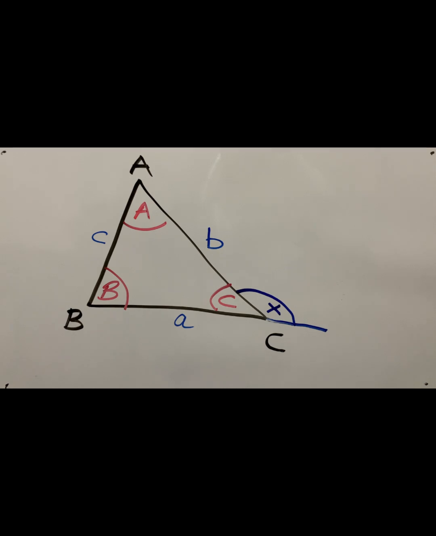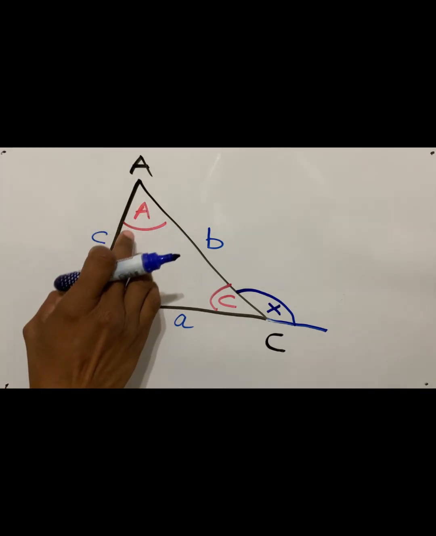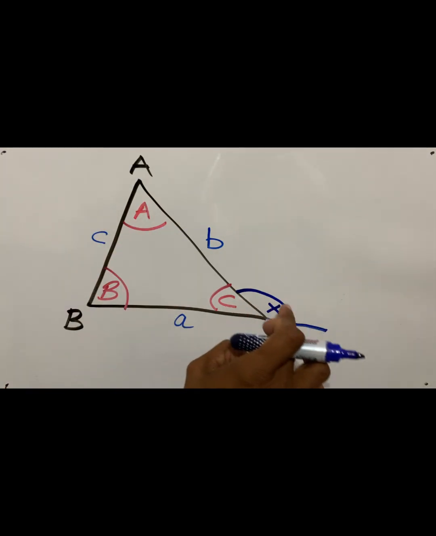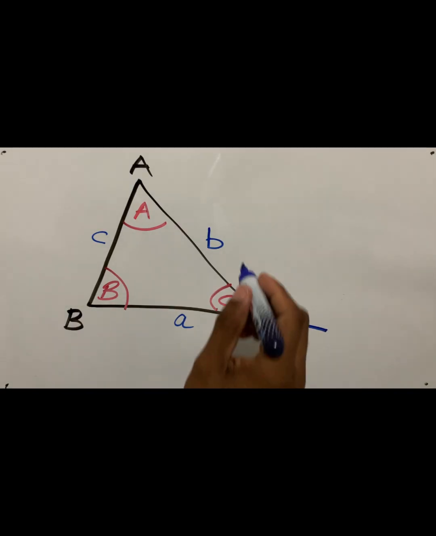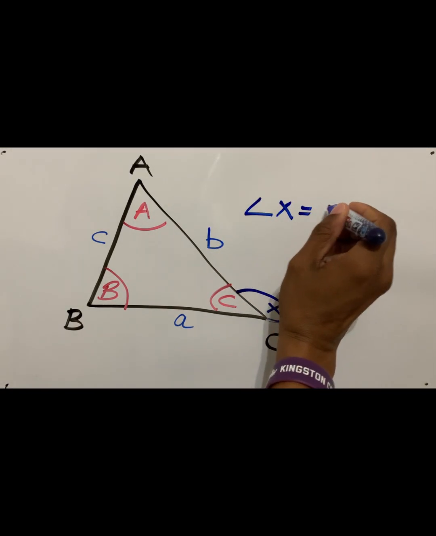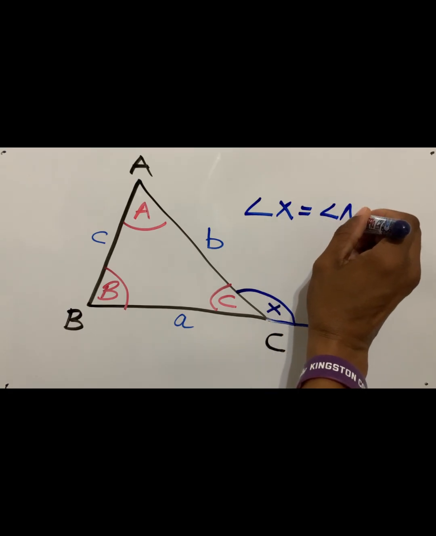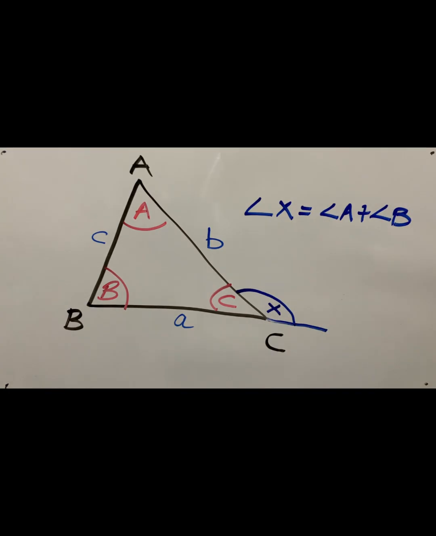The question is, what are the interior angles that are opposite to this exterior angle? These two angles, A and B. So what we're saying is the angle X is equal to the angle A plus the angle B.